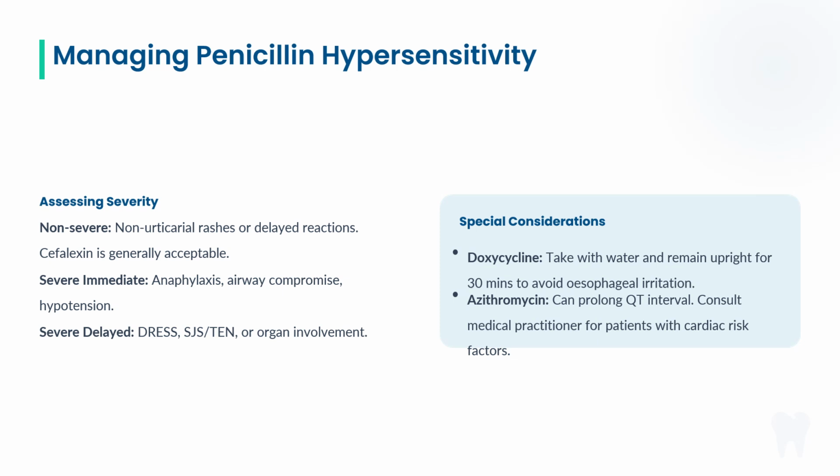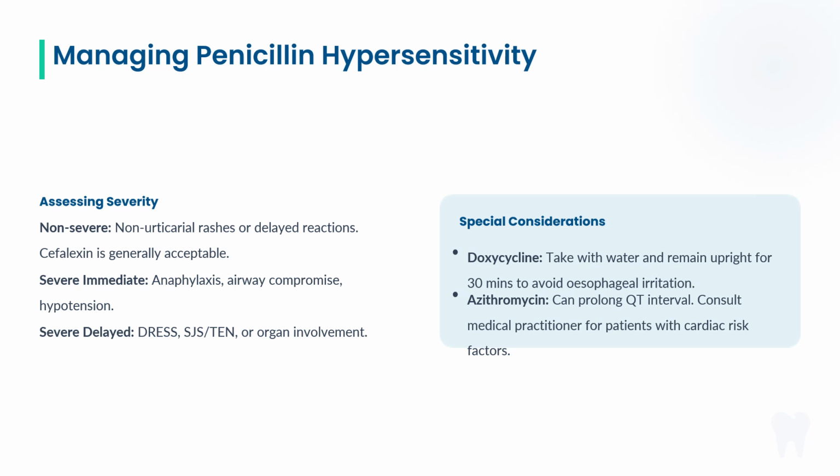And then severe immediate, so anaphylaxis, which is severe, with airway compromise, hypotension. Now there is a severe delayed response, which involves systemic symptoms and organ involvement. So all these are important.